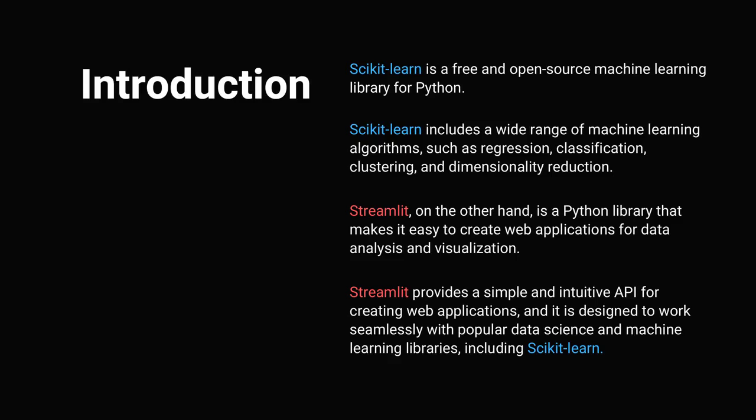Scikit-Learn provides a range of machine learning tools, while Streamlit makes it easy to create interactive web applications for data analysis and visualization. Scikit-Learn offers a variety of algorithms for machine learning, including linear and logistic regression, decision trees, support vector machines, SVMs, and k-nearest neighbors, KNN.